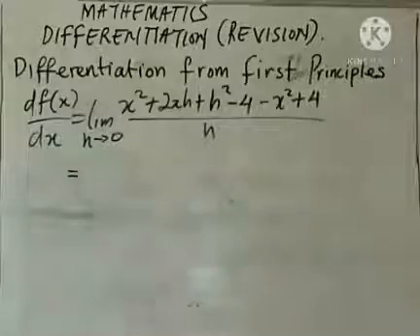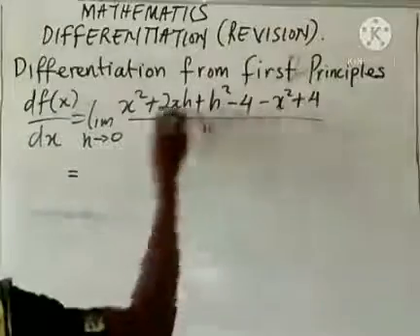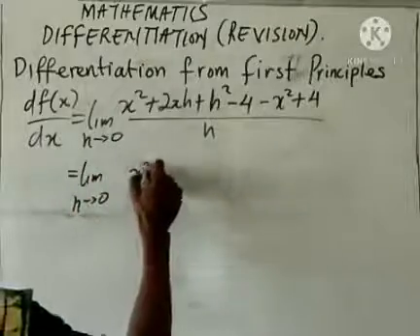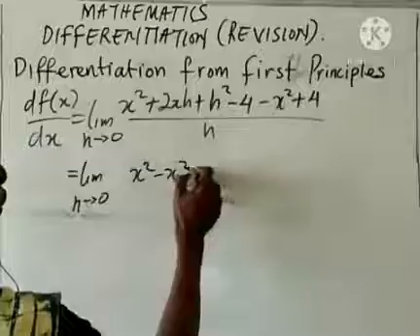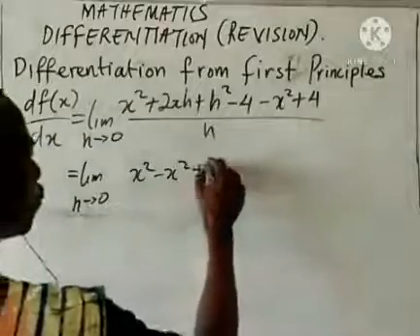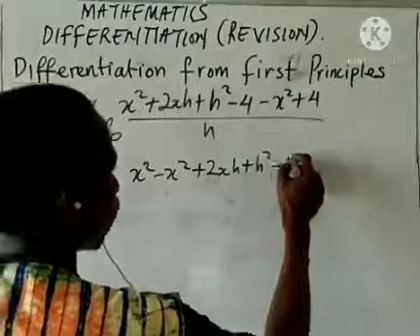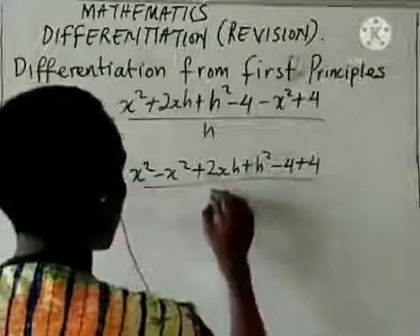So from there, we now have the collection of these like terms as limiting our h to 0. We have x squared minus x squared plus 2xh plus h squared minus 4 plus 4, all over h.